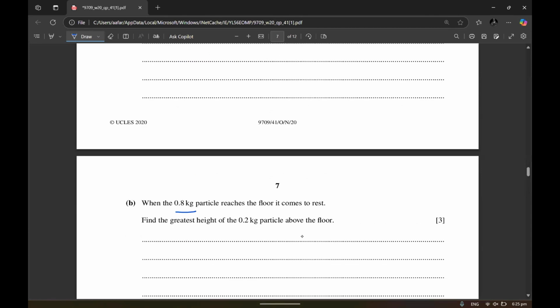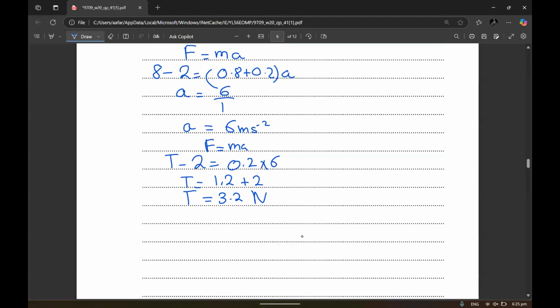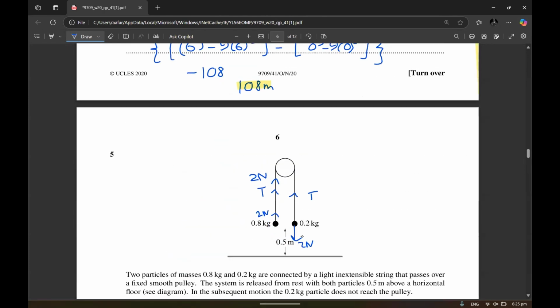When the 0.8 kg particle reaches the floor, it comes to rest. Find the greatest height of the 0.2 kg particle above the floor. Okay. So the simplest way to do this: since it's 0.5 meter, and they are both accelerating with the same acceleration, the same magnitude, when the 0.8 kg particle hits the ground, its velocity will be the same as the velocity of the 0.2 kg particle when it has moved 0.5 meter upwards, since they travel the same distance as well.